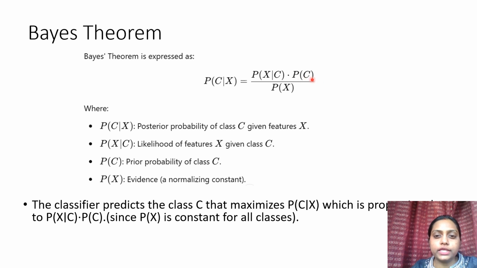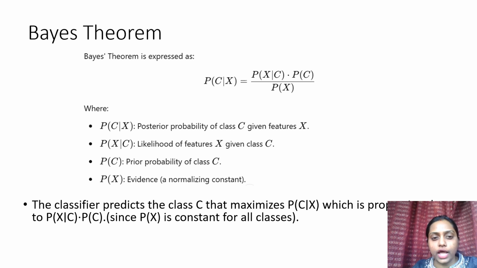P of C is called the prior probability, and P of X is nothing but the evidence. How to apply this Bayes theorem to solve any naive Bayes problem, we will see shortly.